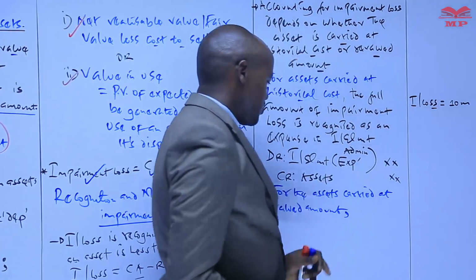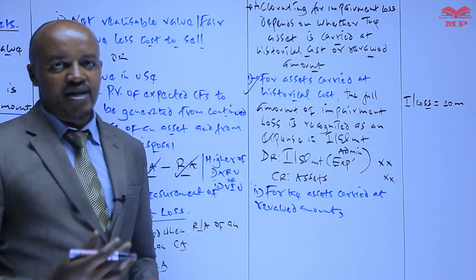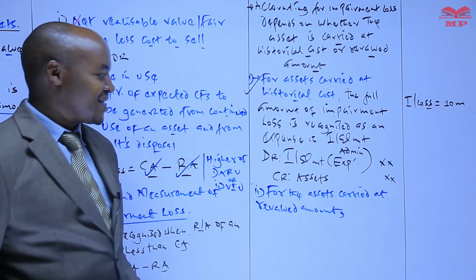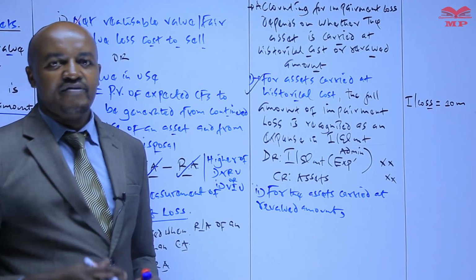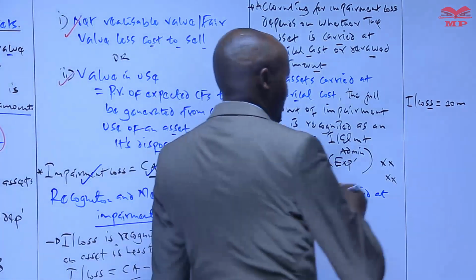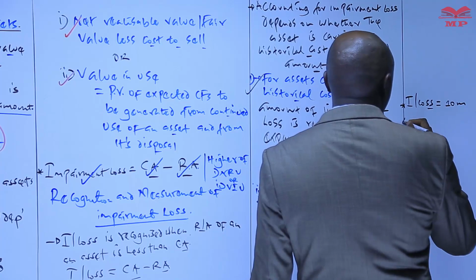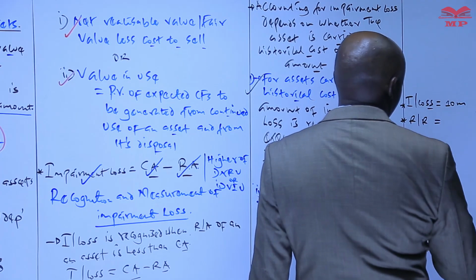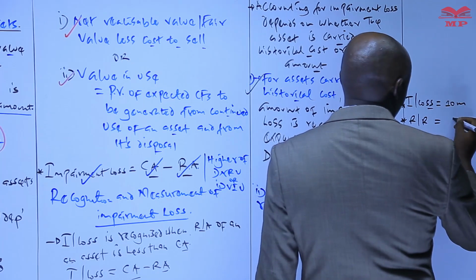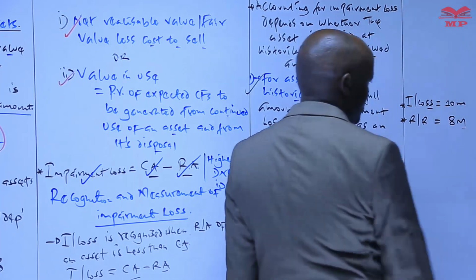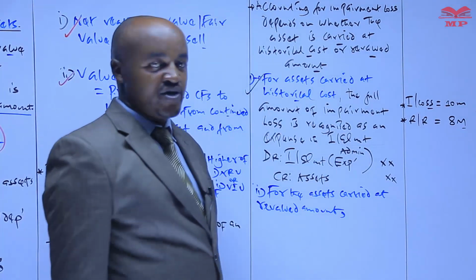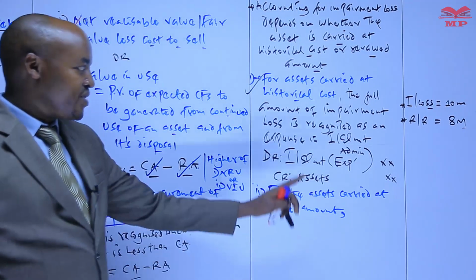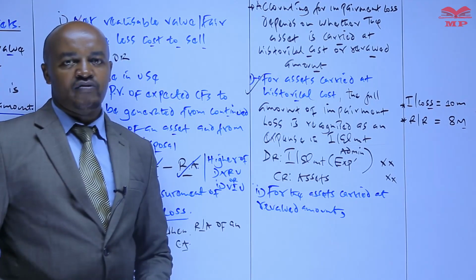Because this asset is carried at revalued amount, it means the asset was previously revalued. Let's assume that the revaluation surplus recognized in relation to this asset was 8 million. So how do we account for that impairment loss of 10 million?